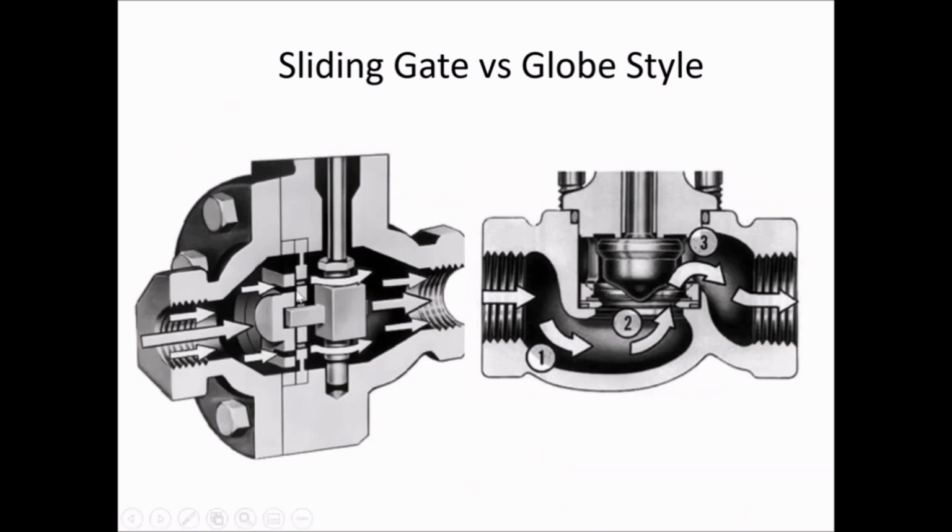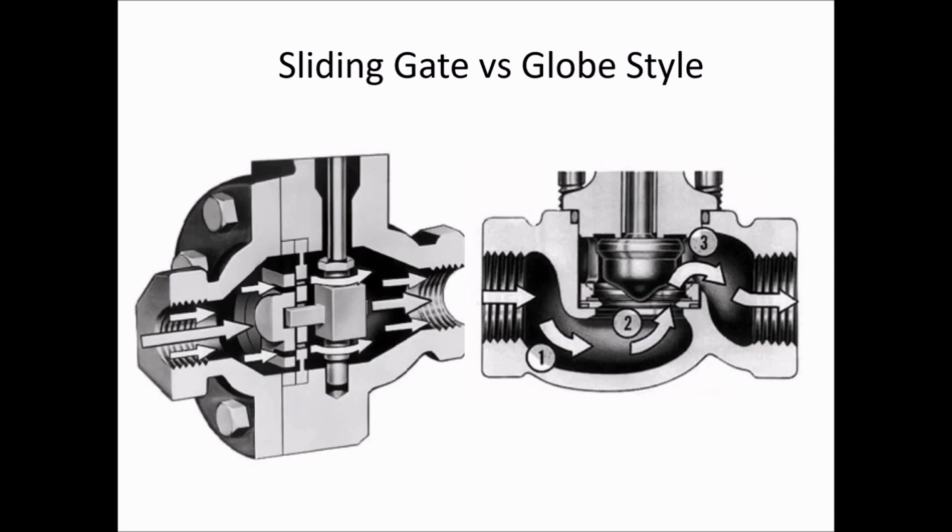On the left, we have our sliding gate, which is what Jordan is known for. On the right is a typical globe style pressure regulator control valve. In both cases, there is an orifice that allows media to go through.